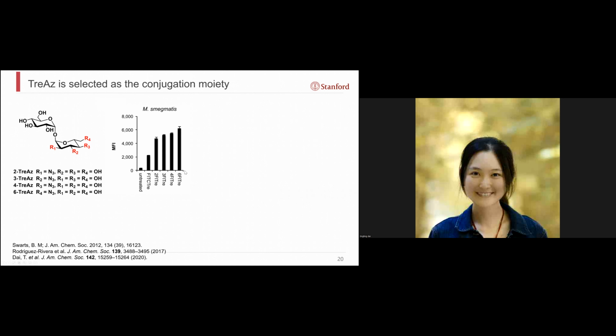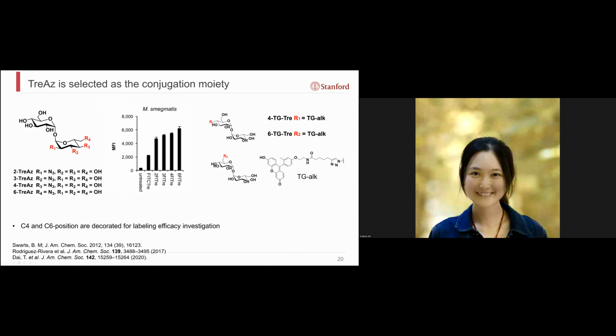It has been reported that the 6th position and the 4th position show the highest labeling efficiency. So similarly, we wanted to test that in our system to see which position will give us the highest labeling efficacy before we put everything together.